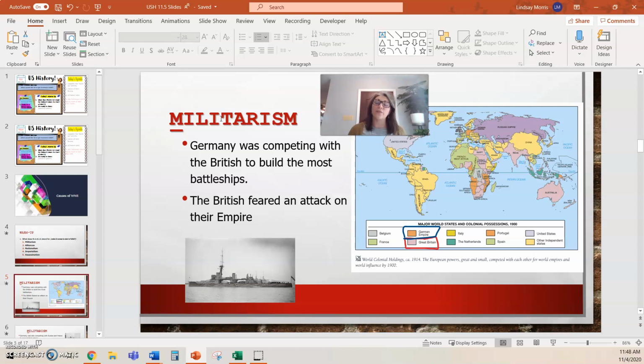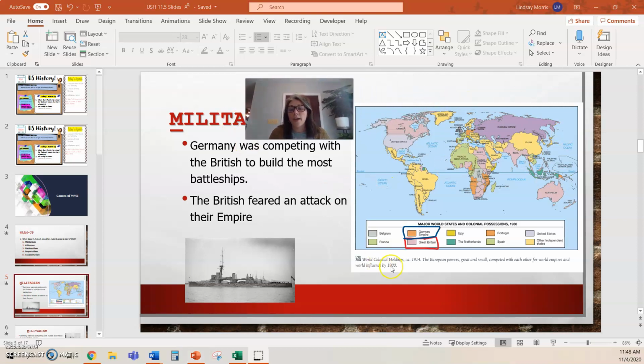So Germany and Britain are competing with each other to build as many battleships as they can. And the British are getting a little fearful of an attack on their empire. When I say the British Empire, I'm not talking about just Britain. I'm talking about a very large area of the world during this time, because Britain was one of the first countries to imperialize and have control over different areas. You can see in this map all the areas that are this pink color were controlled by Britain in 1900. You can see Canada, Australia, lots of countries in Africa, India, and of course Britain right here.